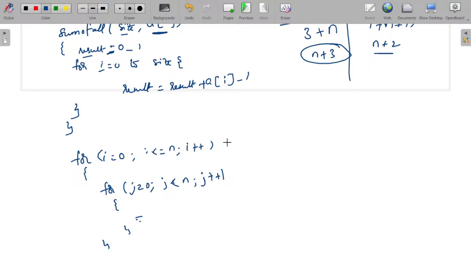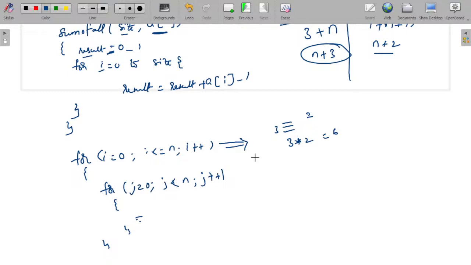Because, for example, there are 3 rows here and 2 columns here, the total number of times this loop is going to get executed is 3 times for the rows, and for every row there are 2 columns, so it is multiplied by 2, which is 6 times.